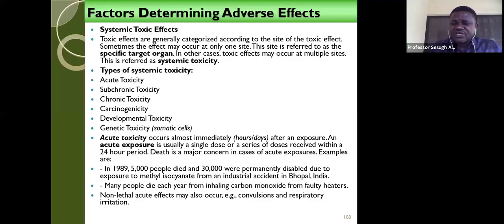They are capable of causing injury within hours or days. An acute exposure is usually a single dose or a series of doses received within a 24 hour period. Death is a major concern in cases of acute exposures. It can happen very quickly, which is dangerous.